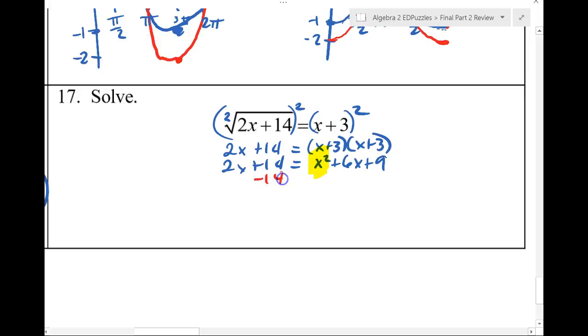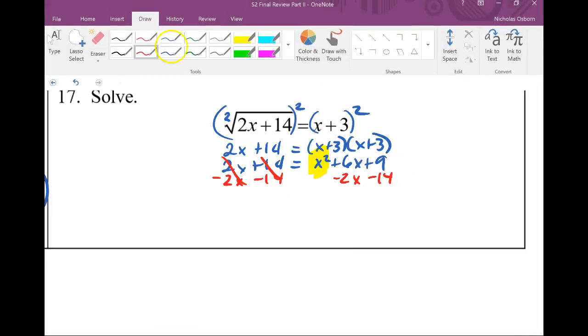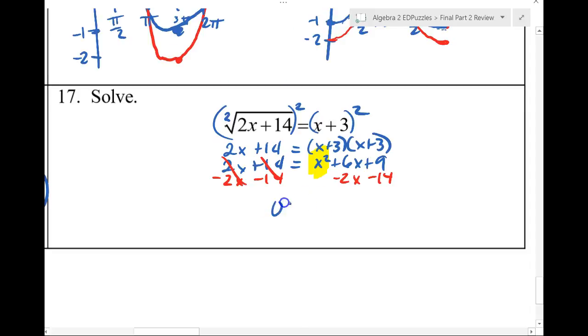So I'm going to subtract this 14 and this 2x from both sides. Now I have 0 equals x squared plus 4x, and then 9 minus 14 is minus 5.